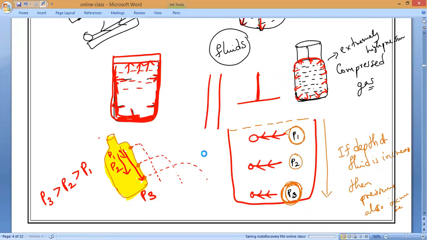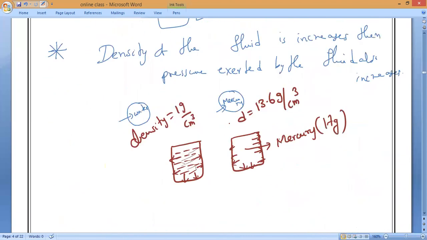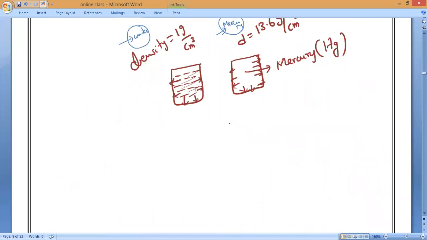Perpendicularly, sir. Perpendicularly to the surface. Write it. At any point where the fluid is in contact with a surface, the pressure is directed perpendicularly to the surface. Clear? First point.